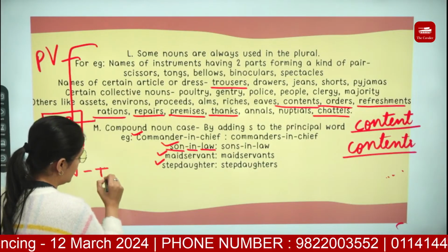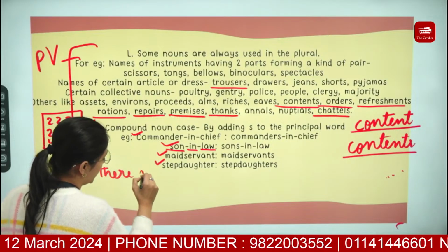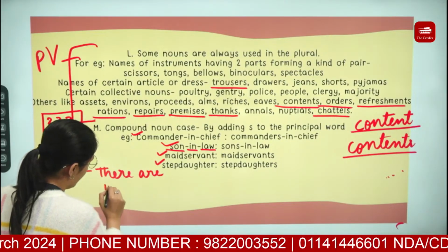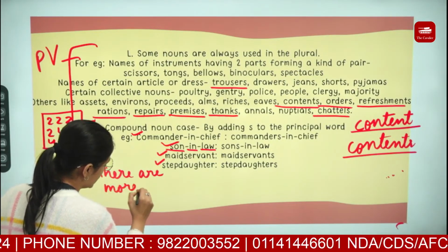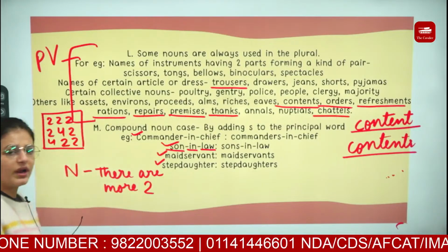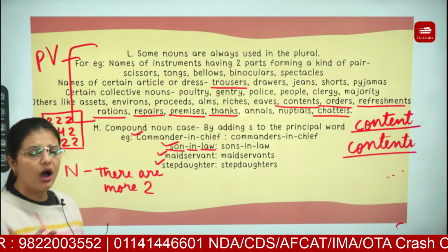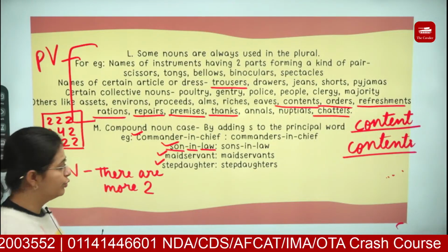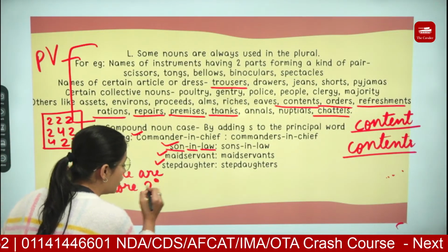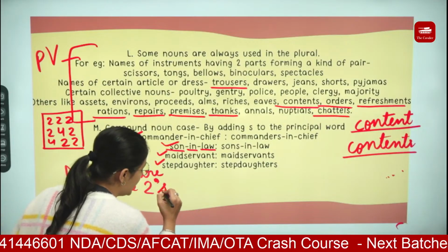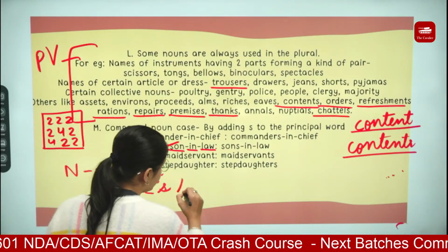I am going to write, there are more twos. Now I have to write that it occurs more often, so I have to change it into plural. So how am I going to do it? I am going to add an apostrophe and then s.